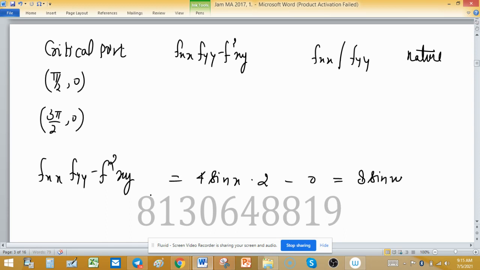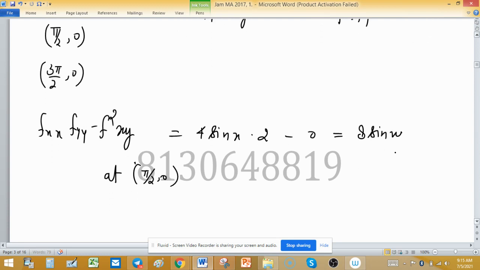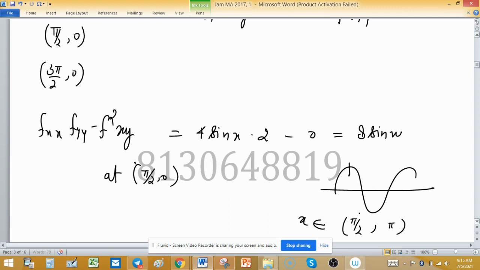So check at the point pi by 2 comma 0. From the sine function graph, if x is in the range pi by 2 up to pi, then sine is positive. So pi by 2 comes inside, taking the right end closed.